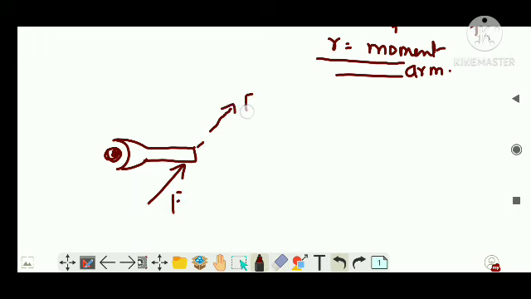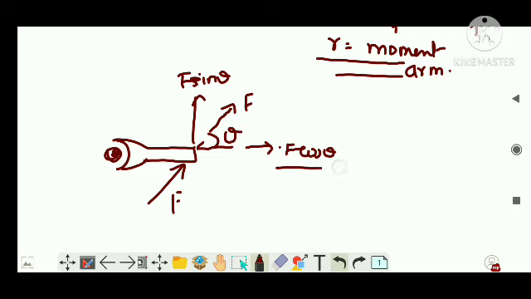Force is a vector. Let's say it is making an angle theta with the horizontal. Obviously I can resolve it into two components, F cos theta and F sin theta. You can see this component, F cos theta, is only pulling the spanner in this direction. It is not causing any rotatory motion.